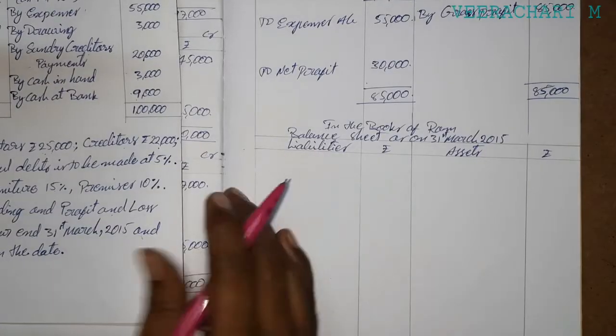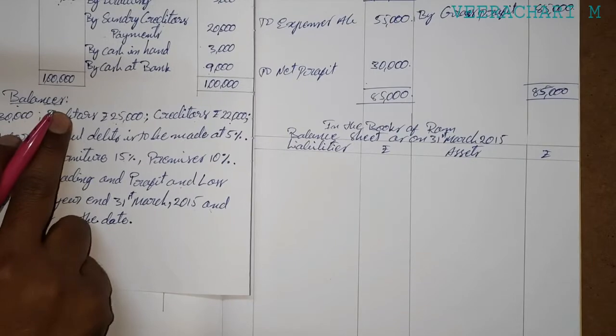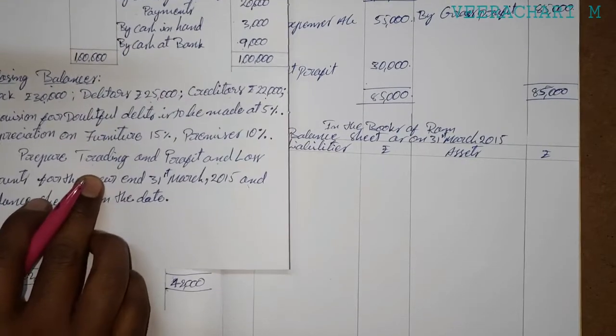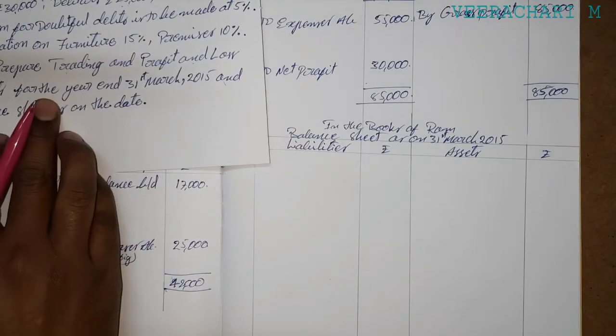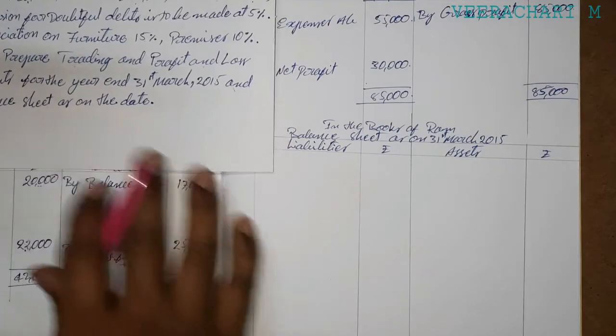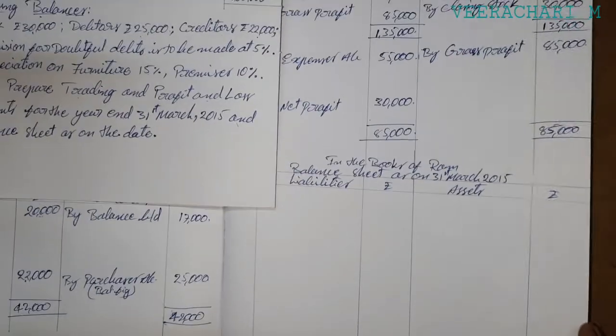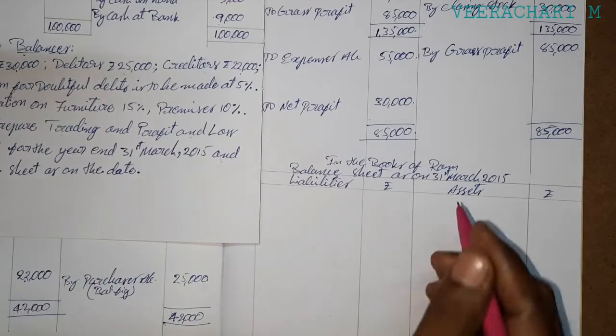In the balance sheet we should write all closing balances after the adjustments. We can see what the adjustments are. First one, stock 30,000.